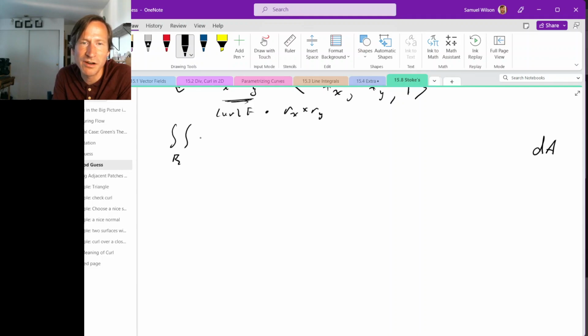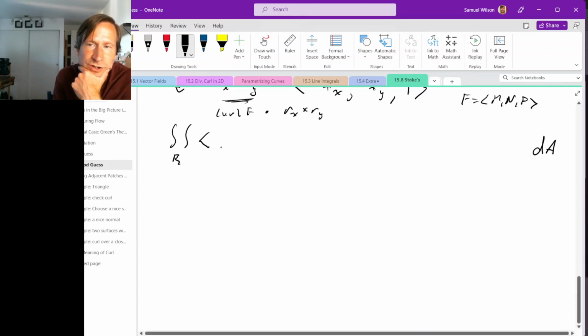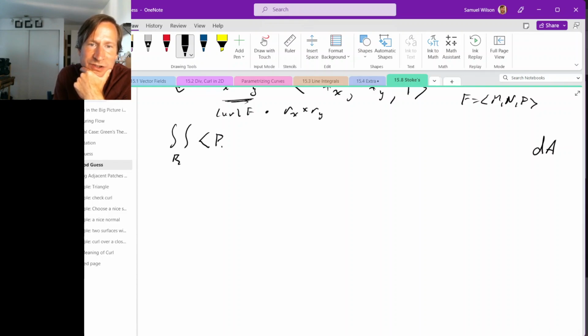Okay, so curl of F is a big mix of partial derivatives of the coordinates of F. Remember, the vector field capital F is M, N, P. So curl is, in the x direction, the derivative of P with respect to y minus the derivative of N with respect to z.